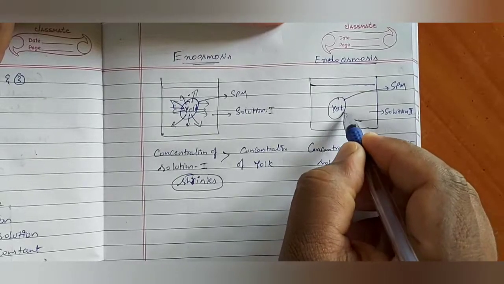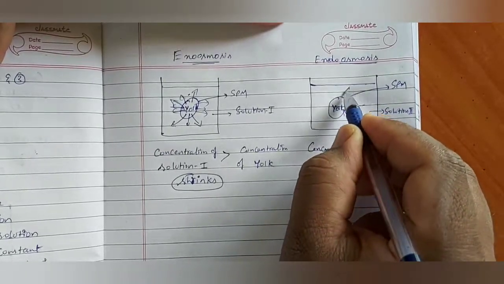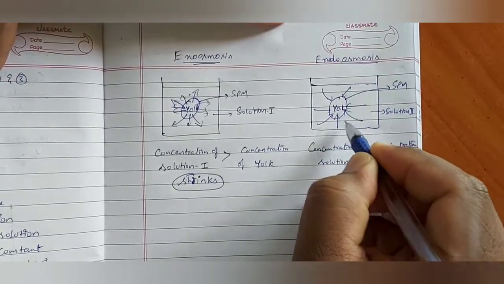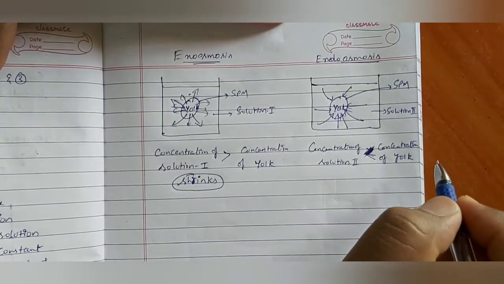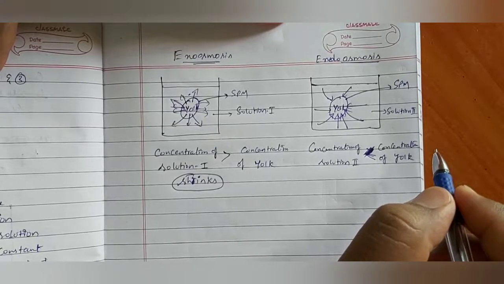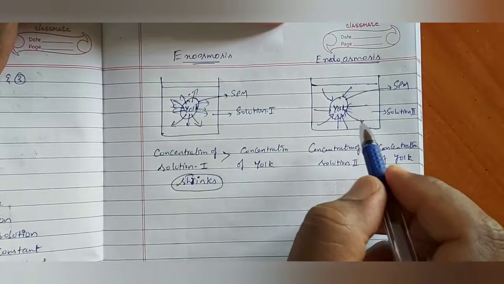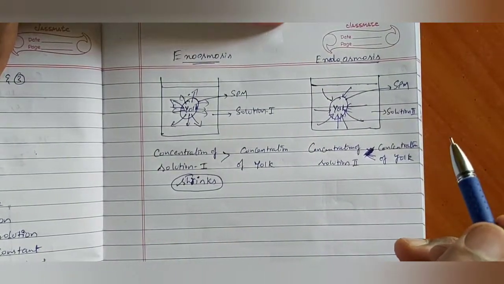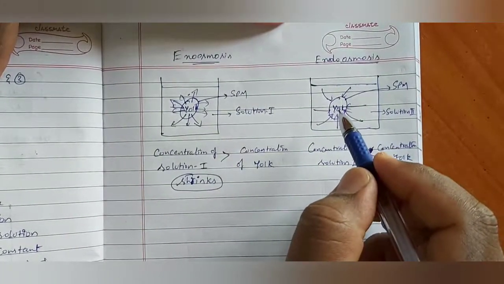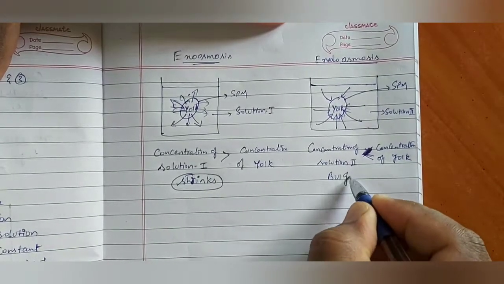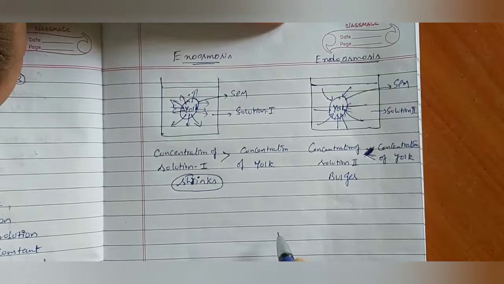Then solvent molecules will move from solution 2 into egg yolk. Osmosis will be taking place here. Solvent molecules will move from outside to inside, solution 2 to egg yolk. Then inside the egg, what will happen? Egg bulges.